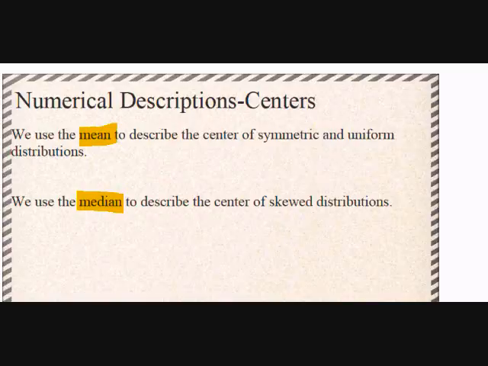The mean kind of gets affected by those bars way out on the outside, and ends up not being a really good number to describe the center when your data is skewed. Your number gets off a little bit. So the median is a better description of center for my skewed distributions.